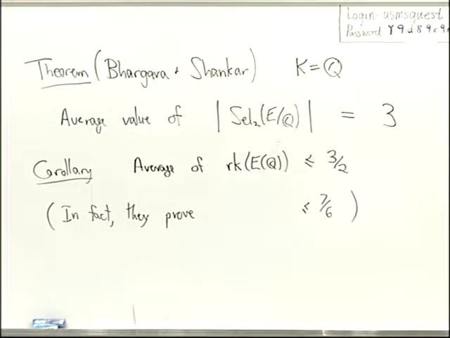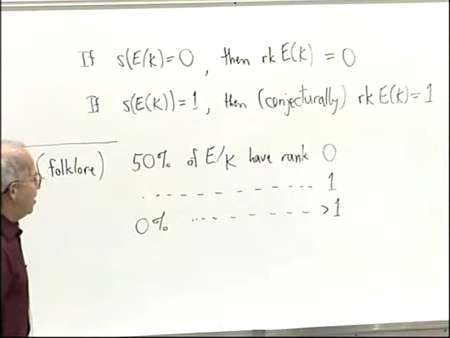And you can deduce from this that some positive proportion of elliptic curves have rank 0.